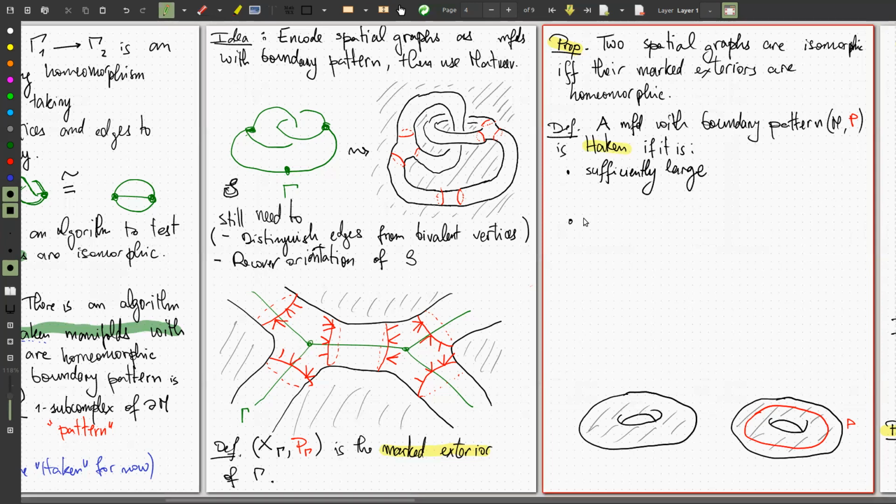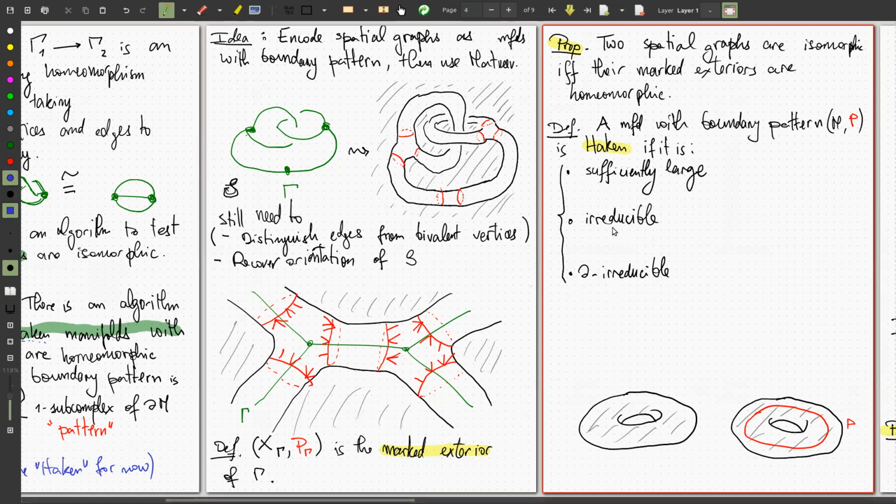It has to be irreducible, and it has to be so-called boundary irreducible. Yeah, it has to satisfy these 3 properties.